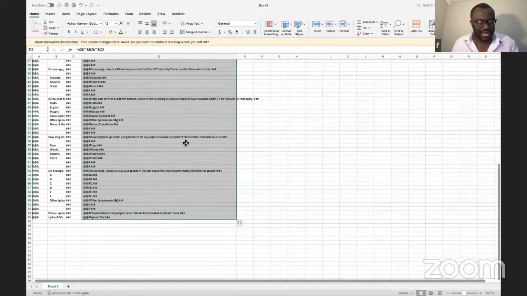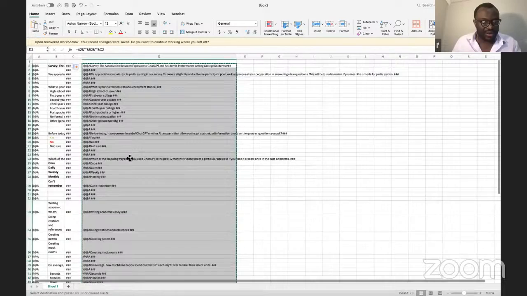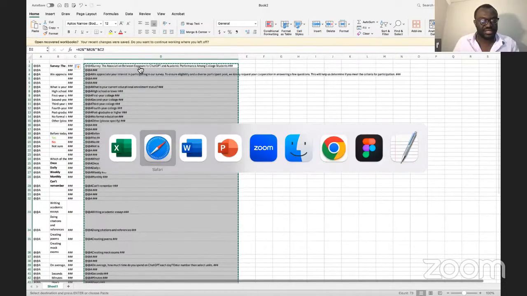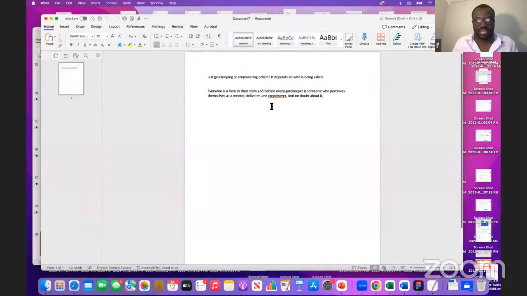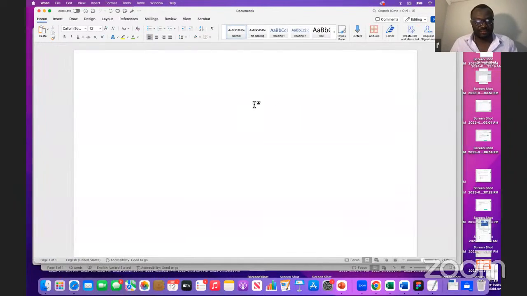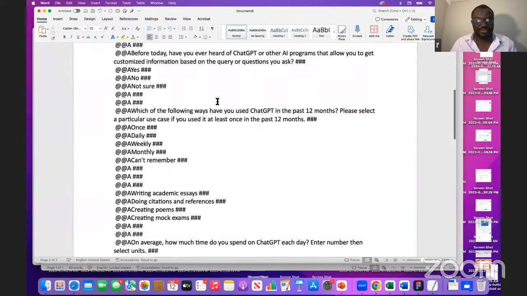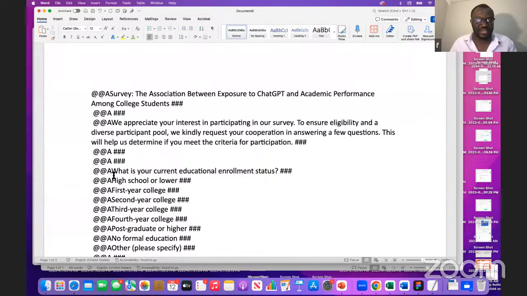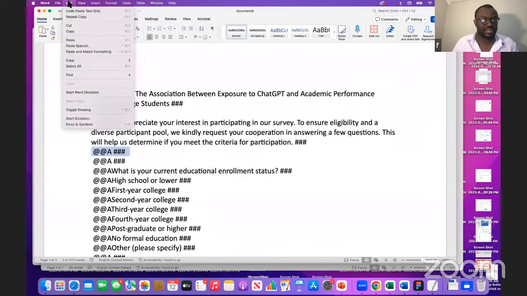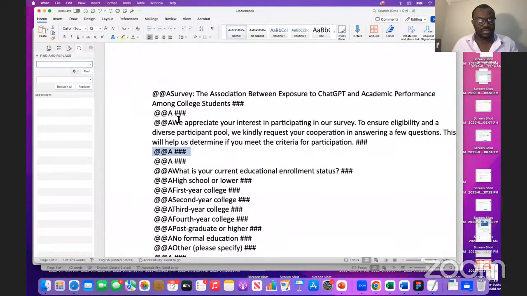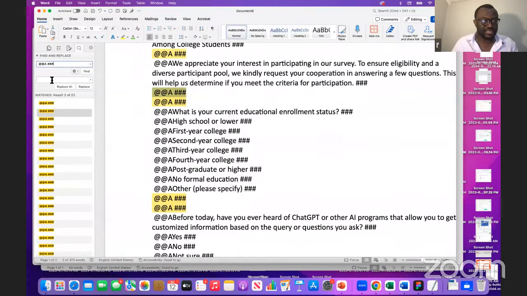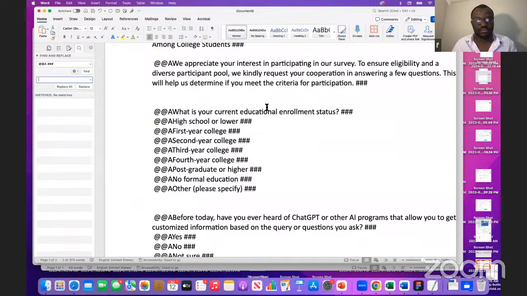I can then come here and change back to Word here and paste that same thing here. And that's the formatting here. Let me remove these ones that are not needed. Find and replace. Find this and replace with nothing.